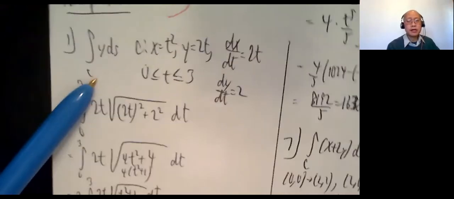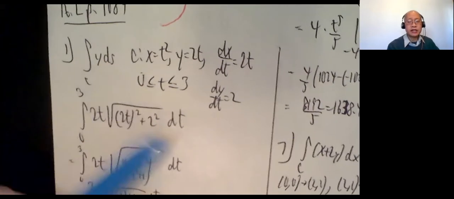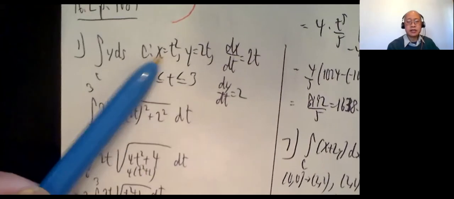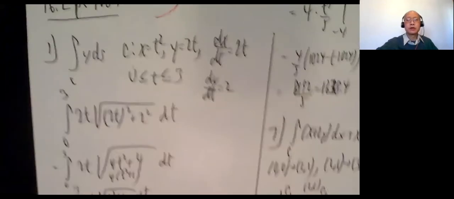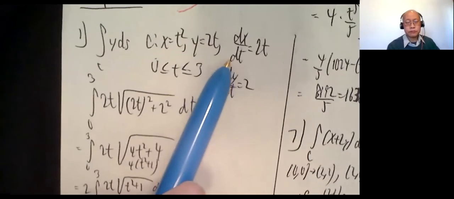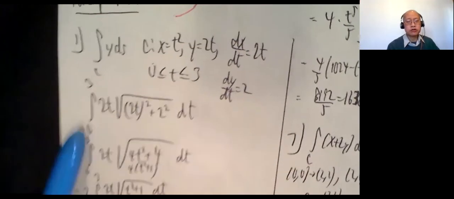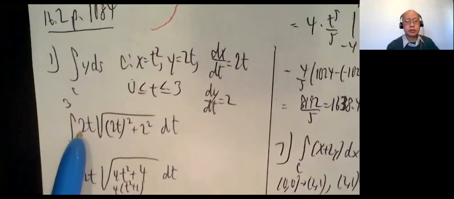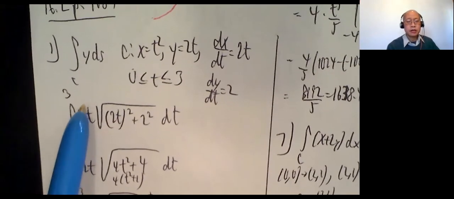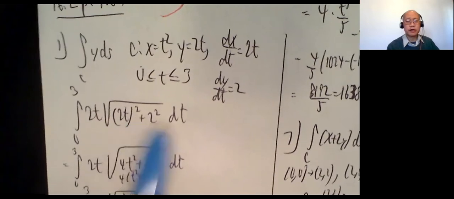So by formula, ds, I need dx dt and dy dt, no big deal. dx dt is 2t, dy dt is 2. So I do this single variable integral, t goes from 0 to 3, of y, change y to 2t. And then by formula, square root of dx dt squared plus dy dt squared dt.